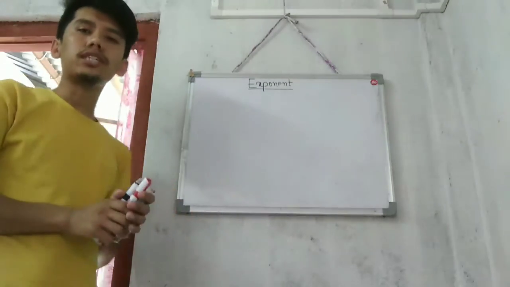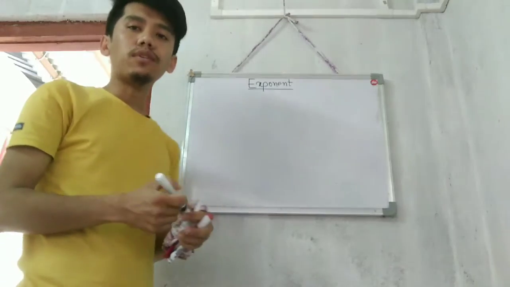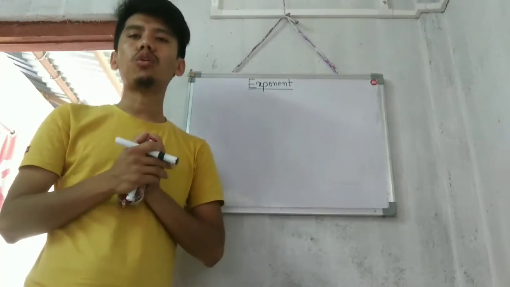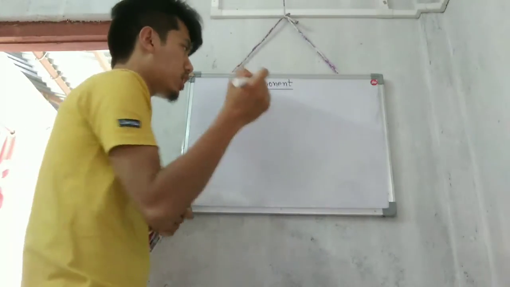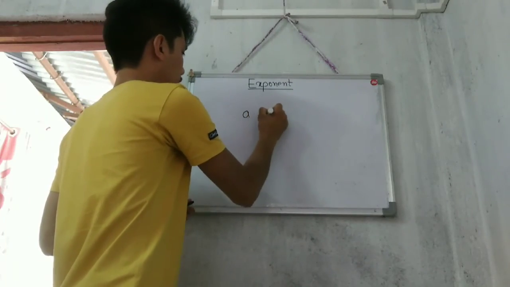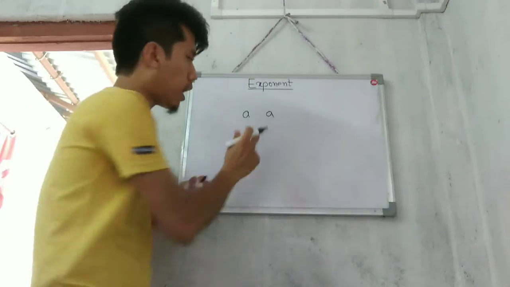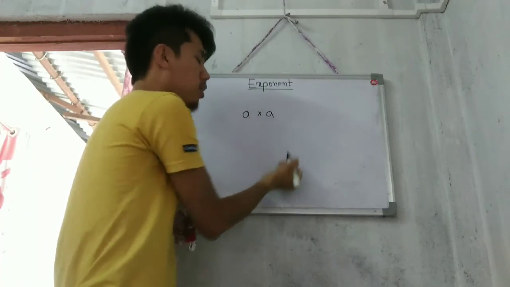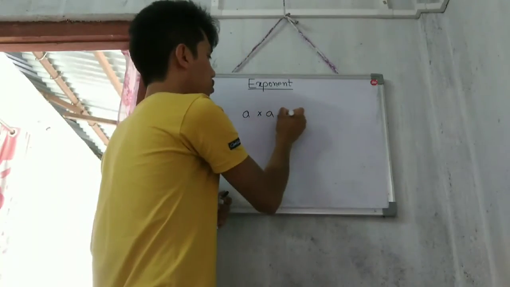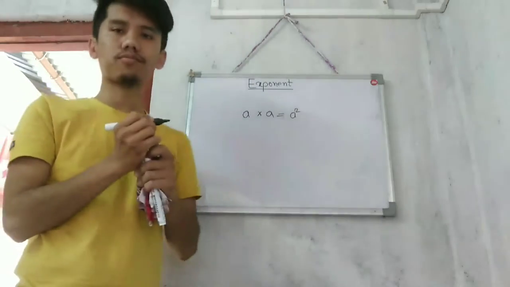Basically in algebra, whenever we have to multiply two or more variables, say the variables are a and a, we know that if we multiply a and a, their multiplication will be a square.